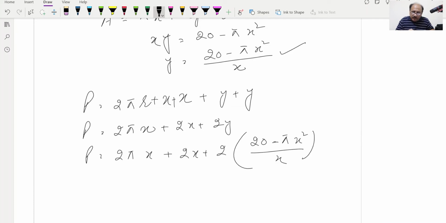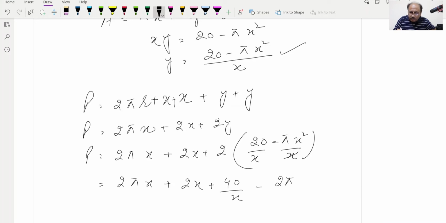Further, we can write x under both, and now we have 2 pi x plus 2x, and we can open this bracket, so it will be 40 over x minus 2 pi, and x squared over x will be only x.